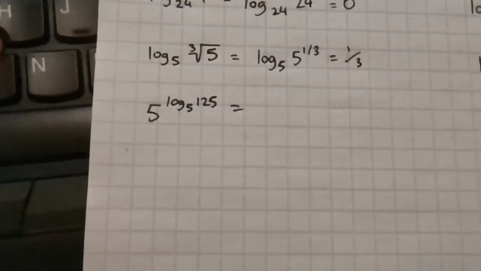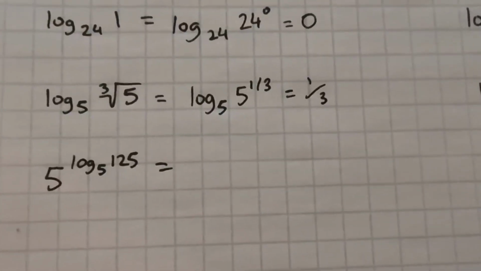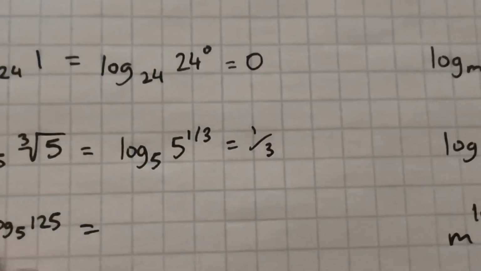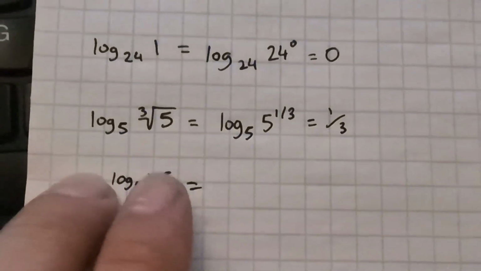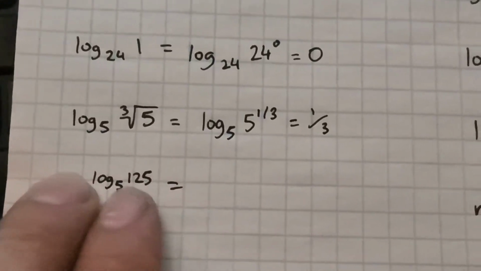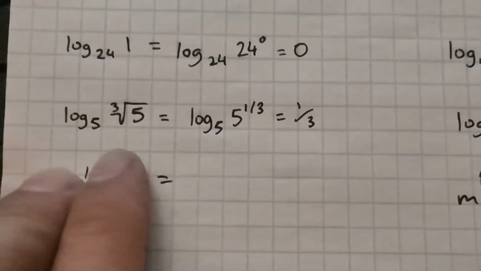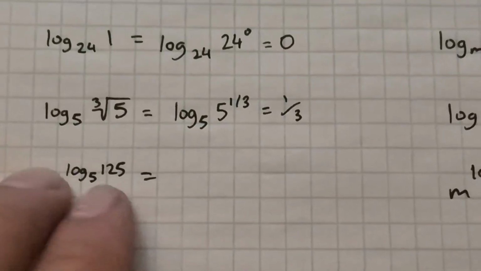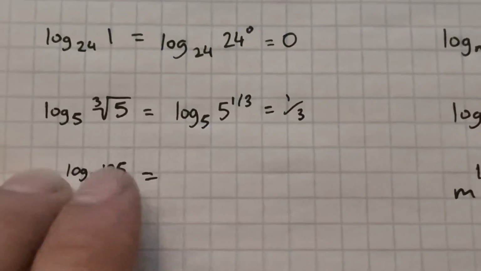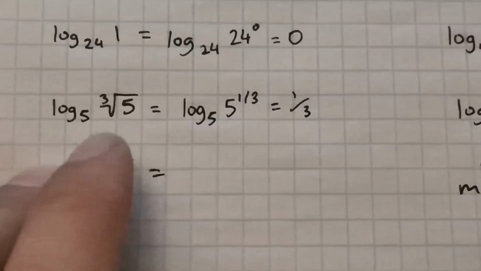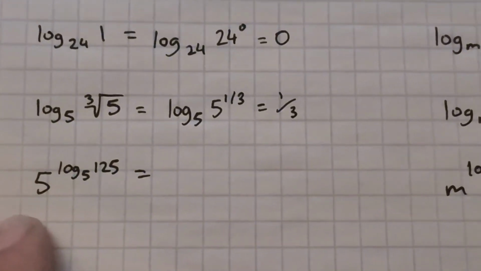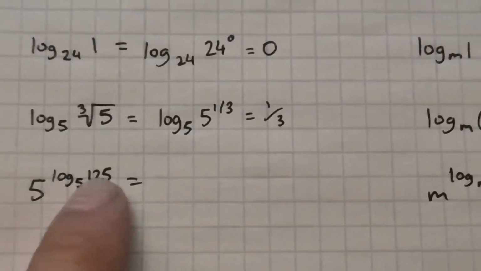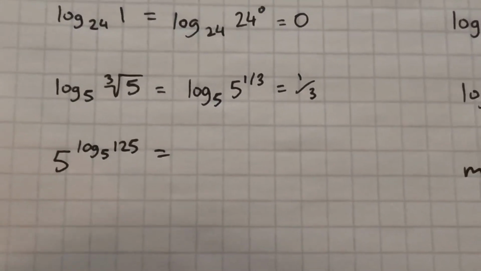Now this one is a little bit weird looking, but this is basically saying 5 to the power of something gives us 125. Whatever that exponent was is going to equal this whole log. So whatever exponent you could put on 5 to give you 125 is going to be this log. And then that exponent, we're putting it on a 5, and we just said that's going to give us 125.